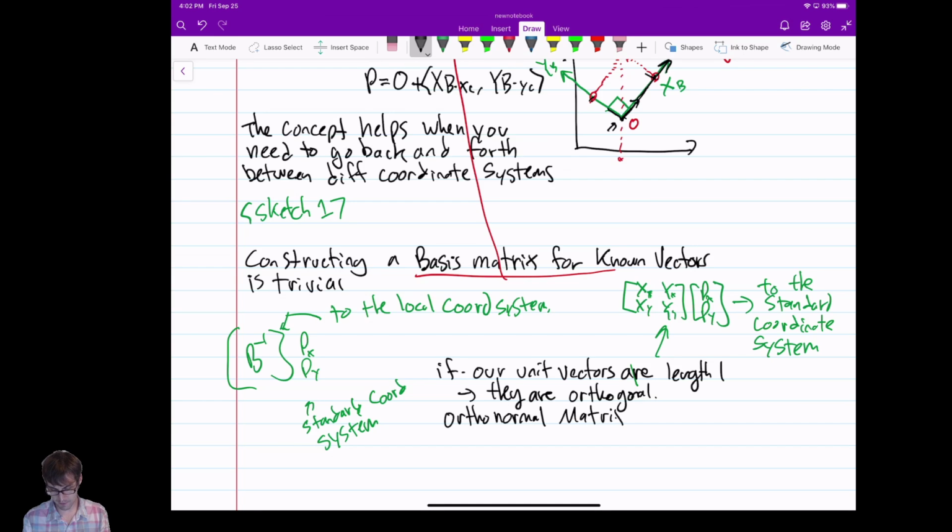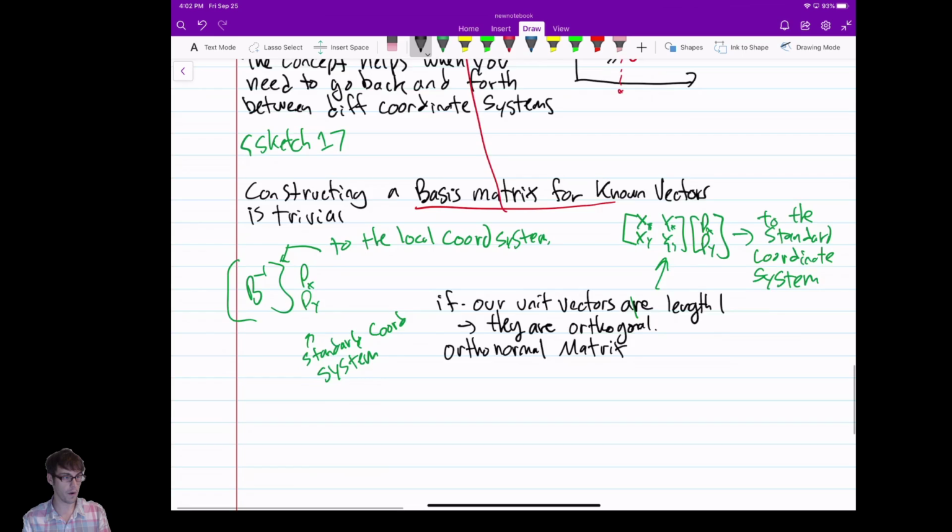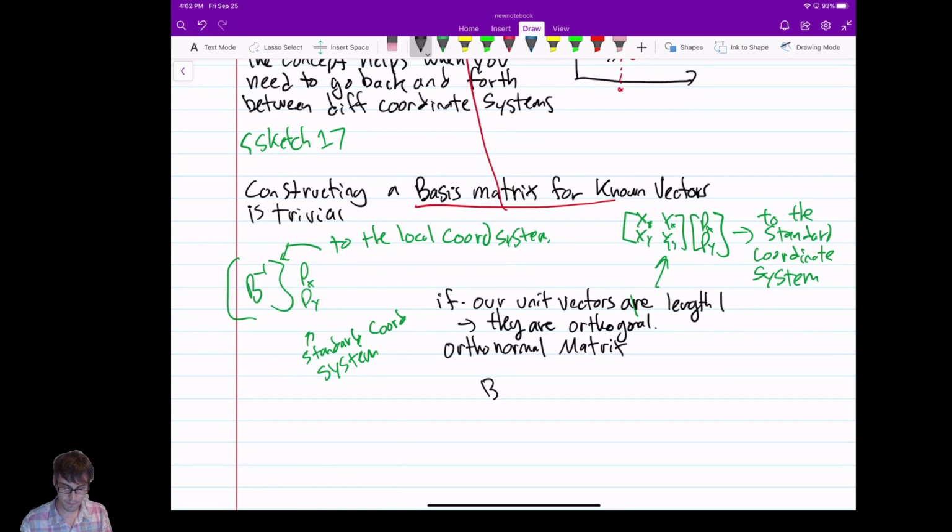Does anybody remember what the inverse of an orthonormal matrix is? It's just the transpose. So I can lay them out this way and I go one direction. I lay them out this way, I go another direction. It's just so easy. Getting your head around how it works might not be so easy, but using it, there's nothing to it but a few multiplications.